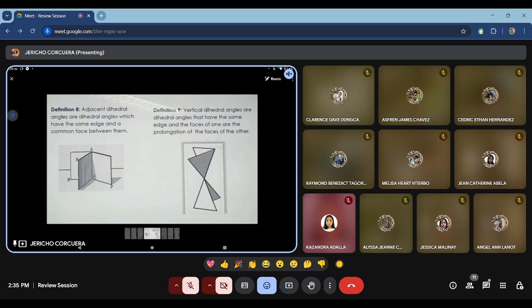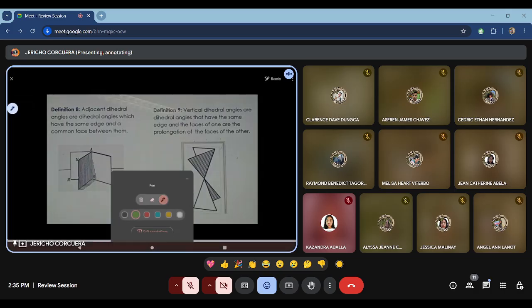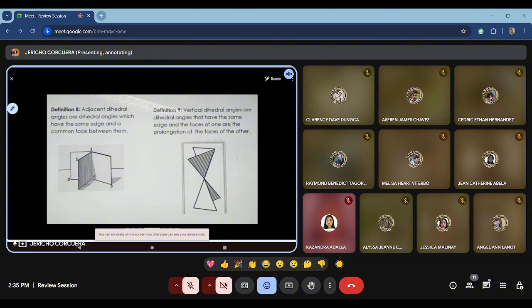We have plane M and plane P. The adjacent dihedral angles are the dihedral angles with the same edge, and then the common face.